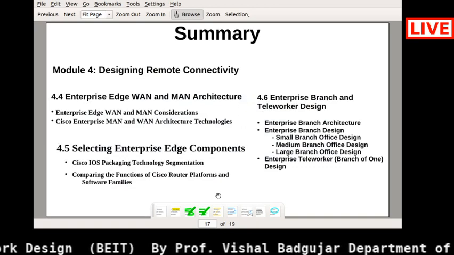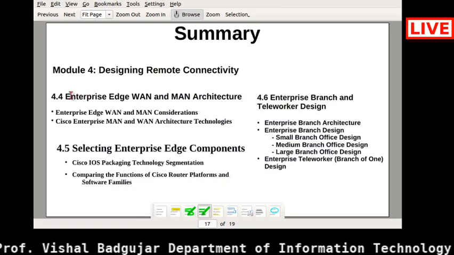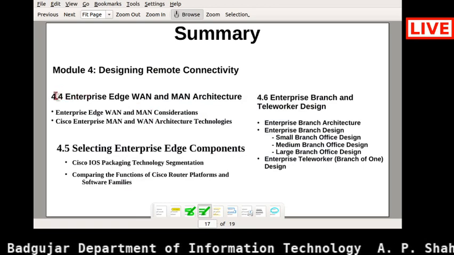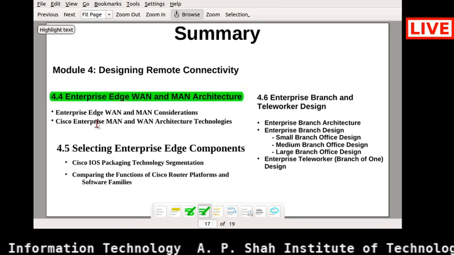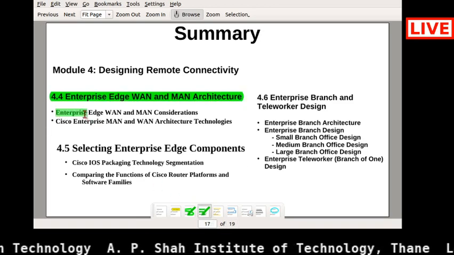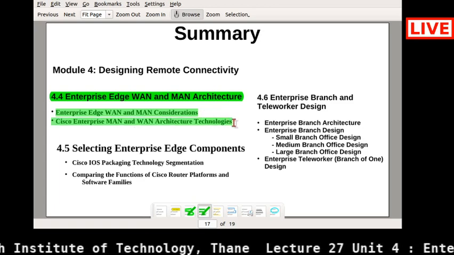So what we have discussed today is, first of all, the enterprise edge MAN and WAN architecture. There are different considerations over this particular MAN and WAN, and then different technologies, which we have also compared.